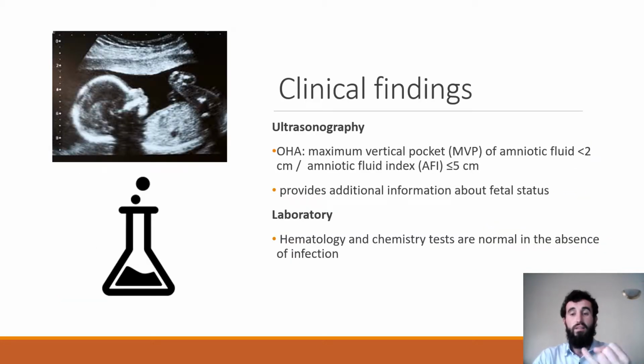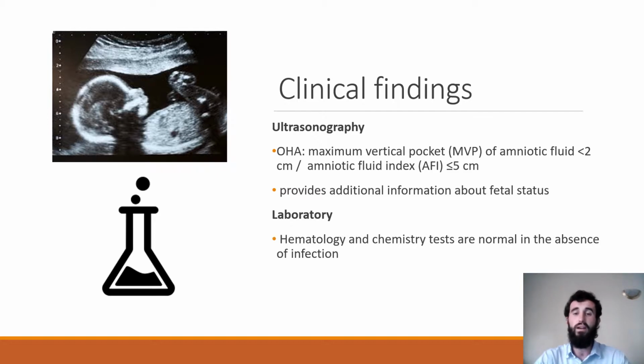So we have seen the history and the physical examination. We are going to talk about the laboratory tests and the ultrasonography. If we still have doubts with the diagnosis of rupture of membranes, we can do an ultrasonography. Here we will find oligohydramnios, defined as the maximum vertical pocket, or MVP, of amniotic fluid under 2 centimeters.